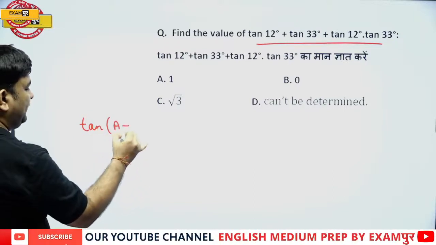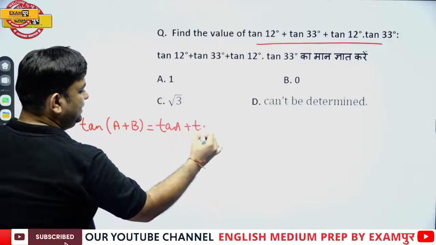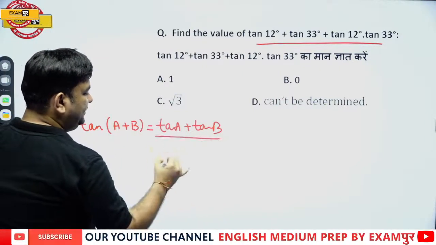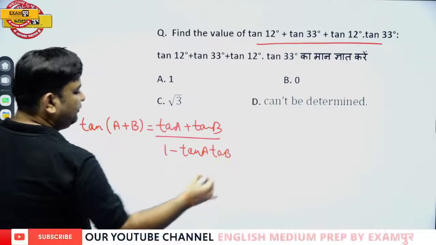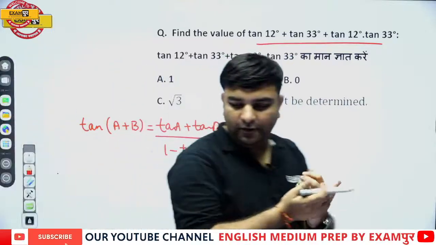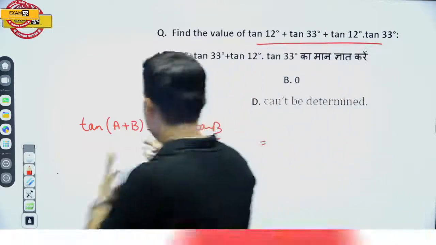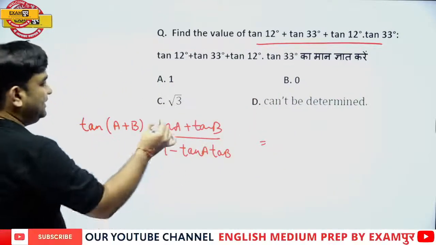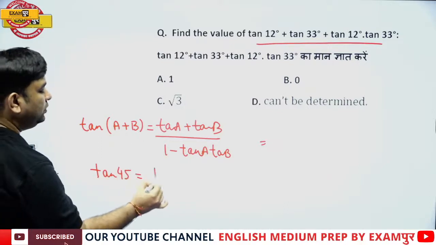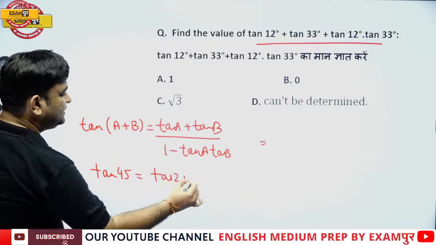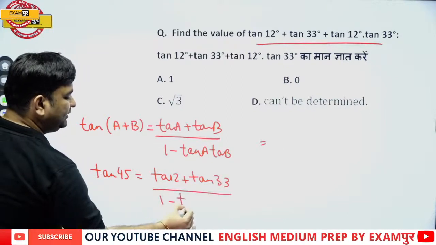As I told you, tan of a plus b is tan a plus tan b upon 1 minus tan a tan b. These are formulas of a plus b. So tan of 12 plus 33 is tan 45. This is tan 45 equal to tan 12 plus tan 33 upon 1 minus tan 12 tan 33.